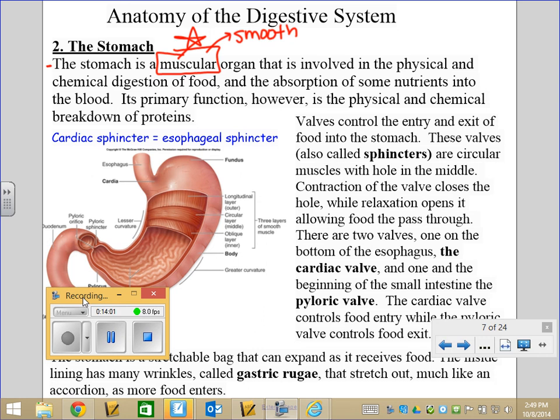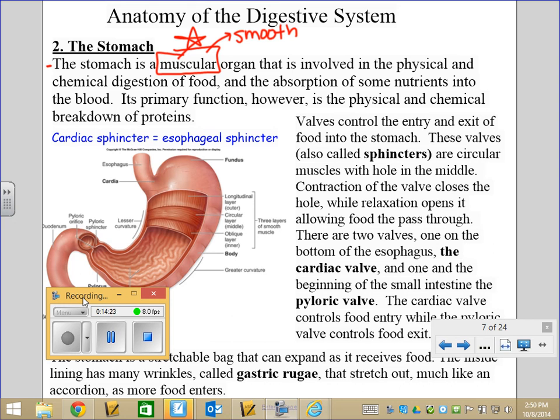Those are abs. Your stomach muscles are way farther on the inside. So you would have to go through a whole bunch of layers of tissue before you got to your stomach muscles. Does anyone have any questions about that?